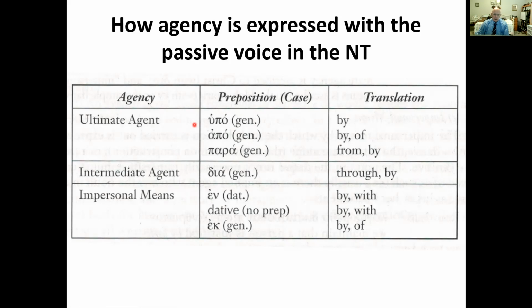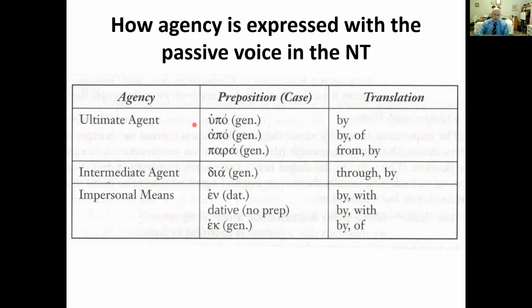Very often with the passive voice, there is agency expressed. And usually it is with hupo plus the genitive. We often need an agent with the passive voice.